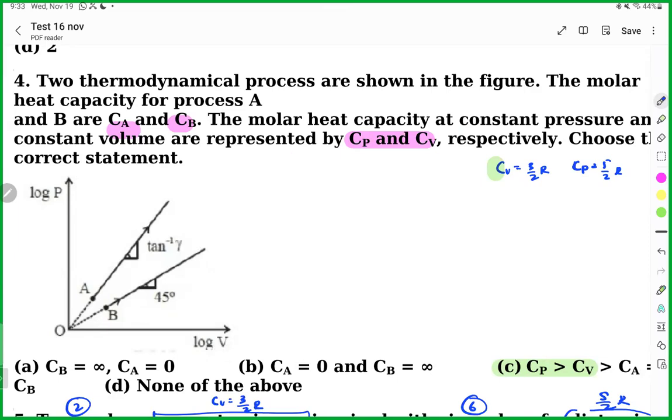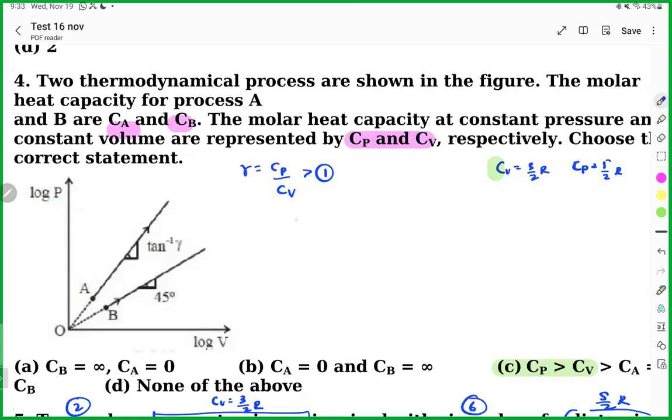That's why your gamma value, which is equal to Cp by Cv, is always greater than 1. Correct? Yes sir. In this situation, tan inverse gamma.